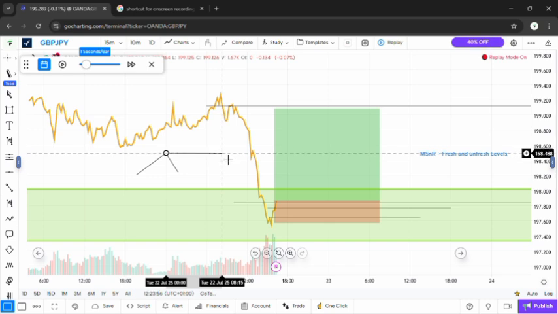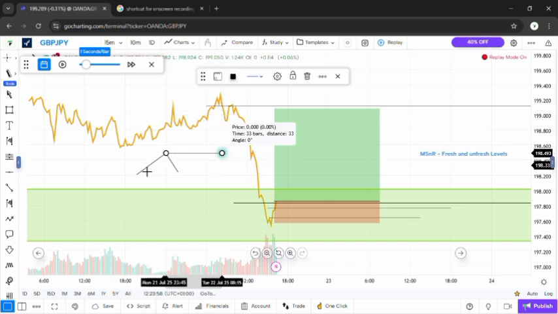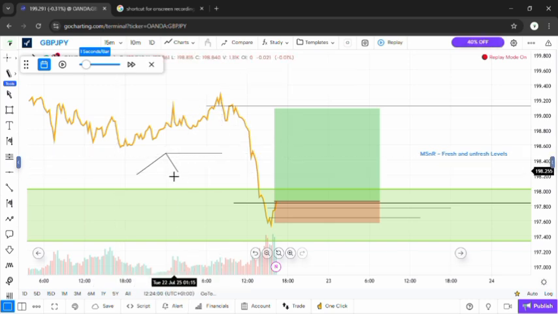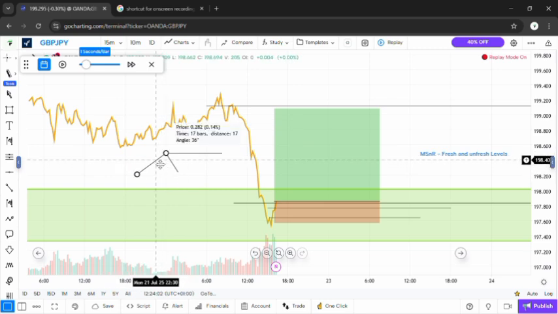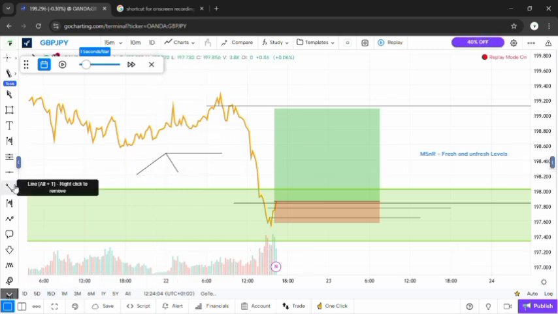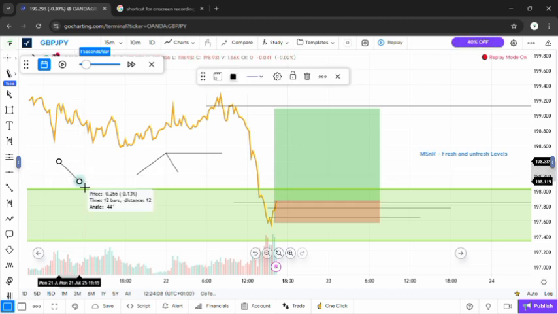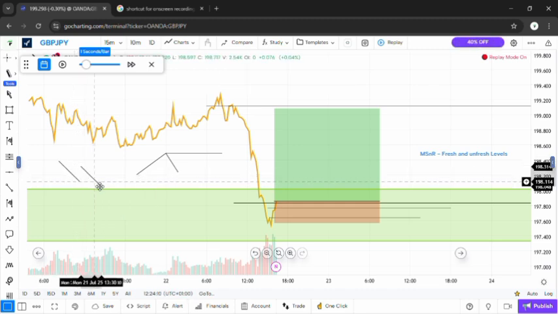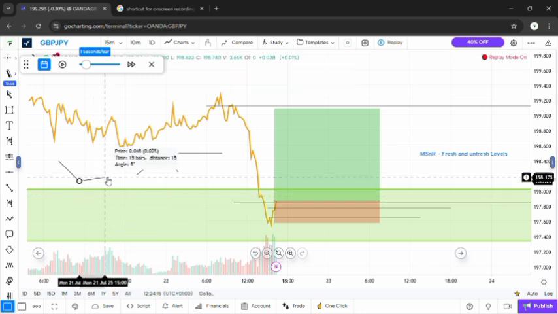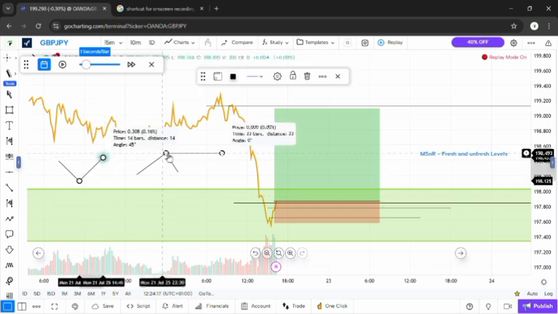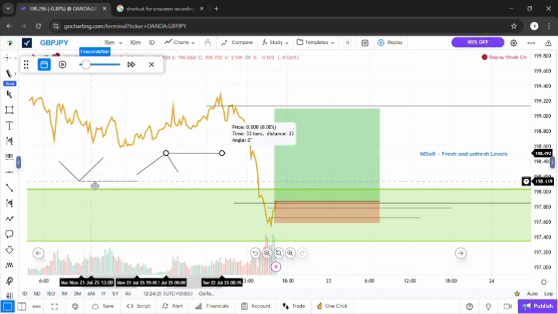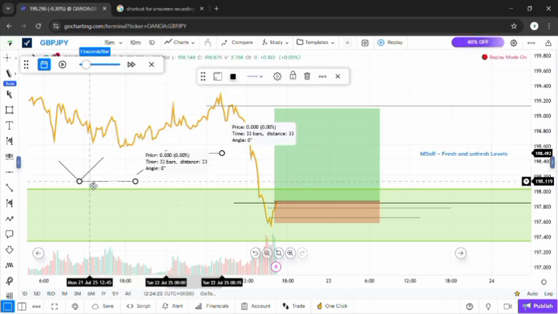While whenever you see a V shape pattern, it means there's a support at the bottom. So A shape for resistance, V shape for support.